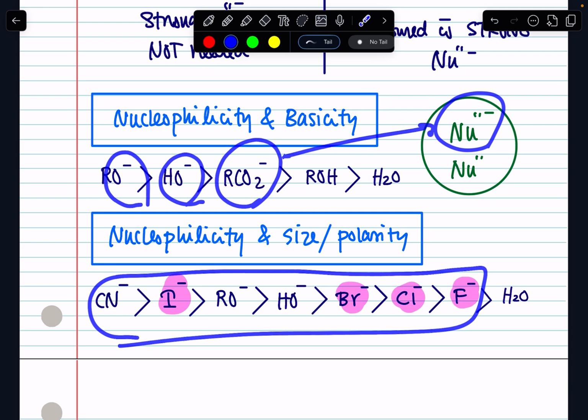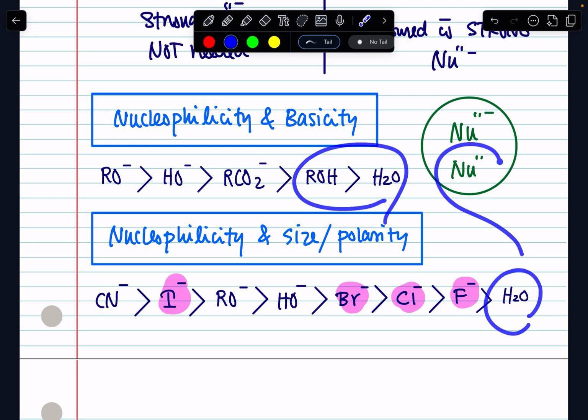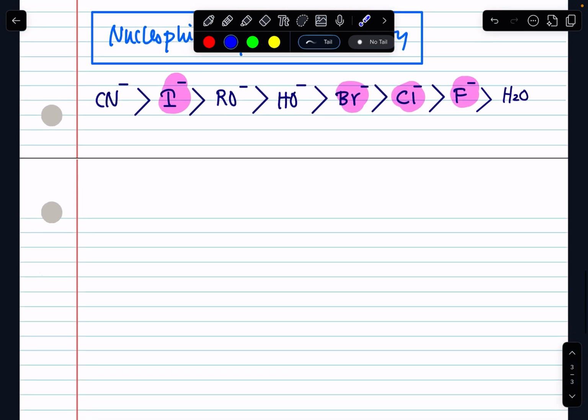You understand? Because you're charged. So sometimes I put Nu minus, sometimes I put Nu with no charge. Most of the time we put Nu minus because those are the stronger nucleophiles. But if you're not charged, such as these two, technically you're supposed to use Nu with just the dots.